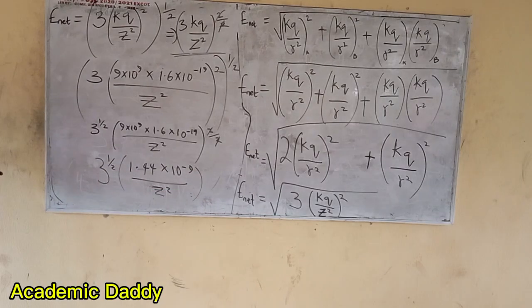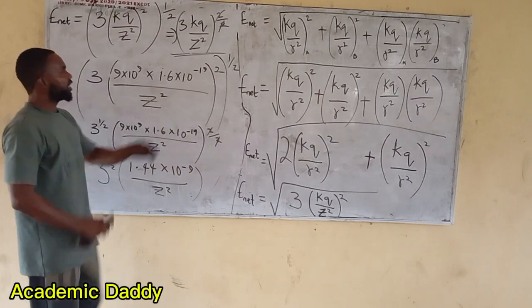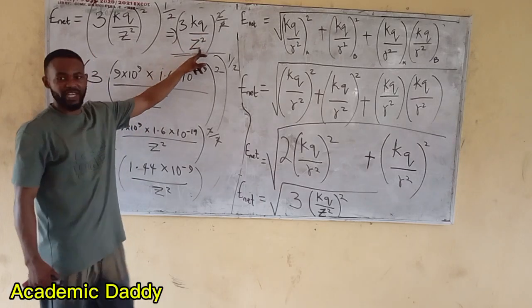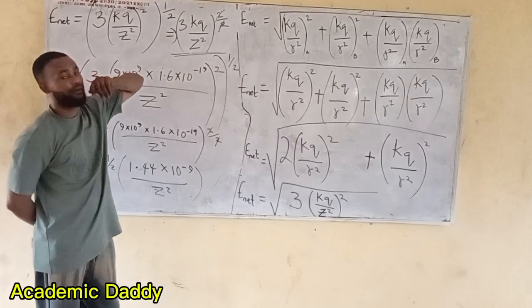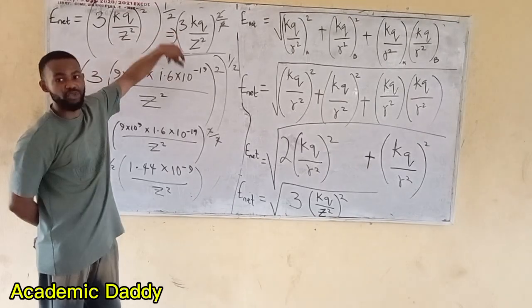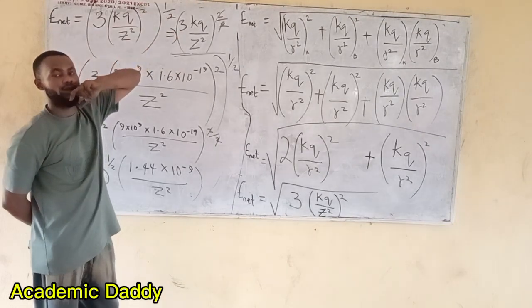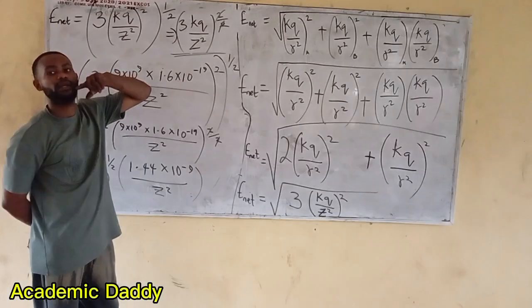So please check your textbook. Did they just write 3K cube over Z square, or 3 raised to power 1 over 2? Or they left the square roots here. It's not in the textbook, in the workbook. They gave the answer of all of them.